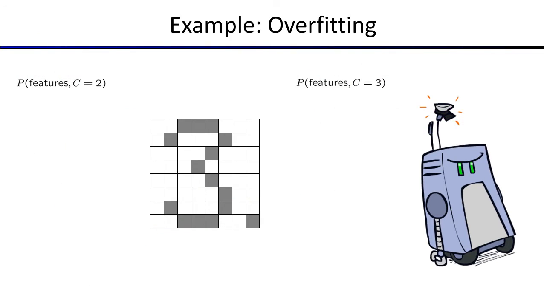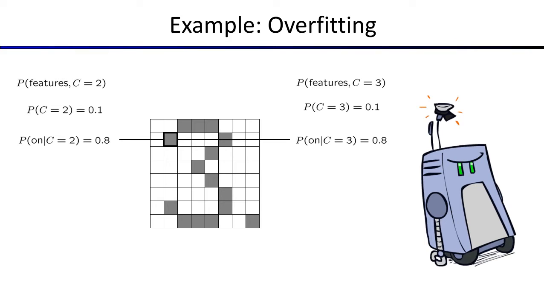Here's another example of overfitting. This is coming back to this digit recognition task. So say we have the following image here, and we want to know whether it's a 2 or a 3. And so our probabilities look like this, for some fixed pixel that we're looking at. We have a prior over classes that's uniform.